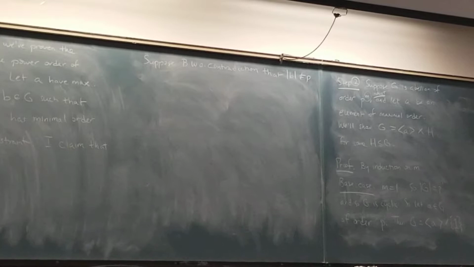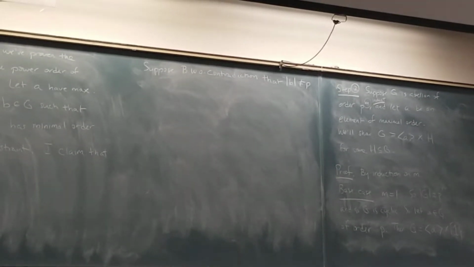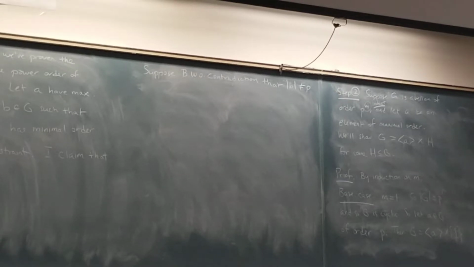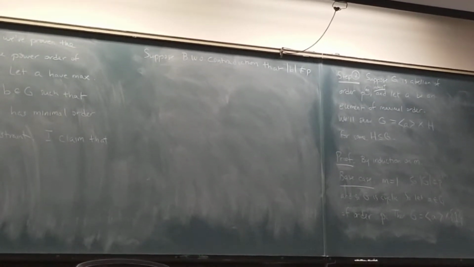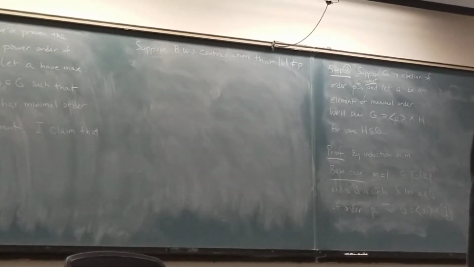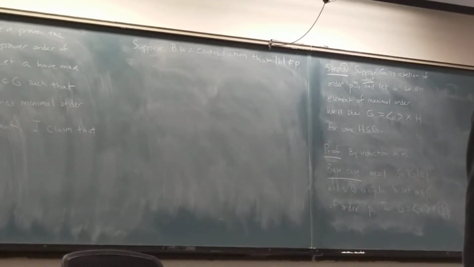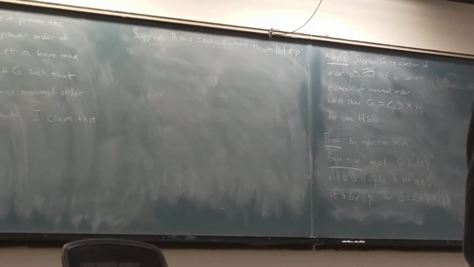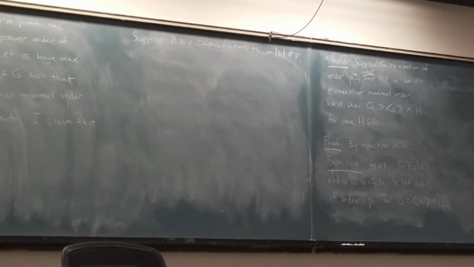It's p to the m. So when I'm thinking about B, the possible orders of B are going to be some power of p. If I'm saying that the order of B is not p, we already know it's not going to be 1, because that would make it the identity, and the identity's in the group generated by A. So the order of B has to be some other higher power of p, p squared, p cubed or something, right?